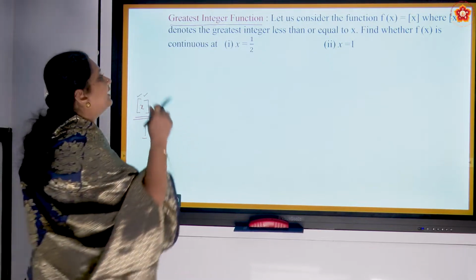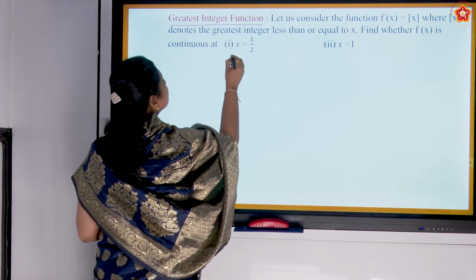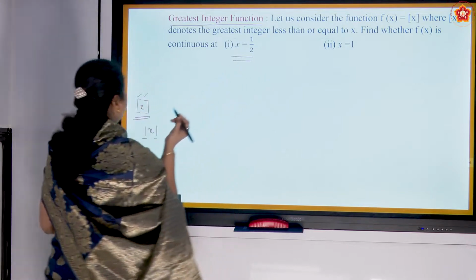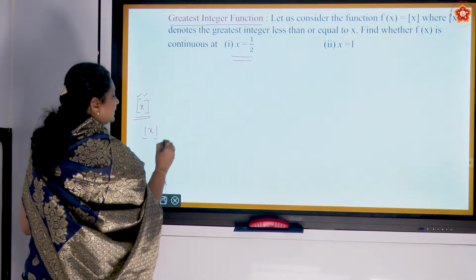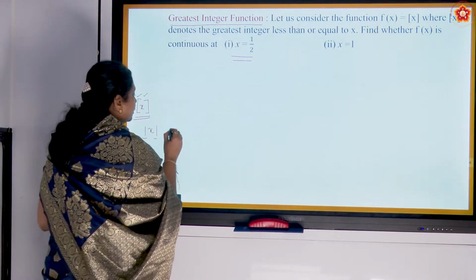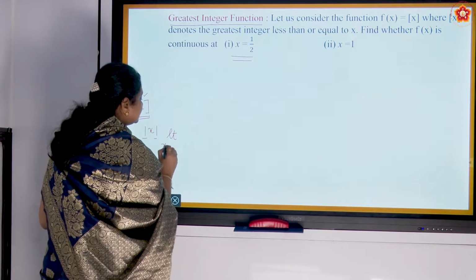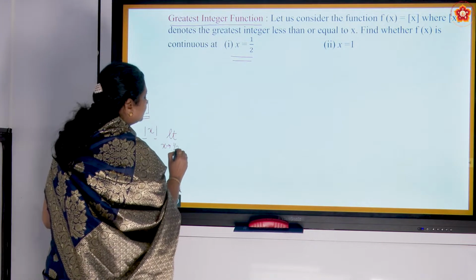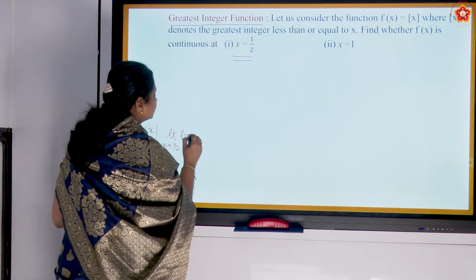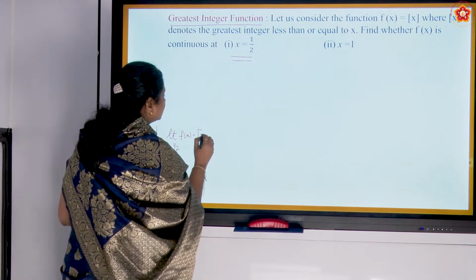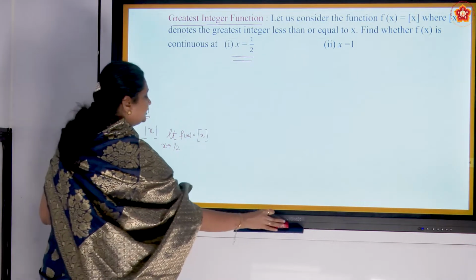We are supposed to find whether f of x is continuous at x equal to half. So we need to check whether the limit as x tends to half of f of x, that is the greatest integer function, exists.